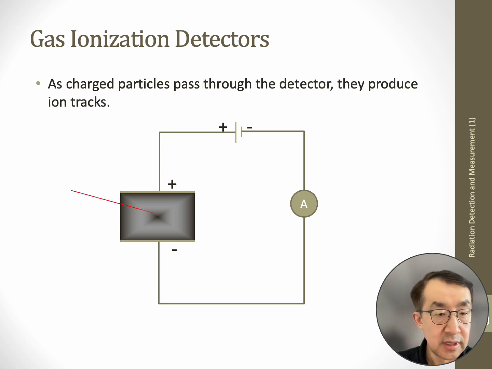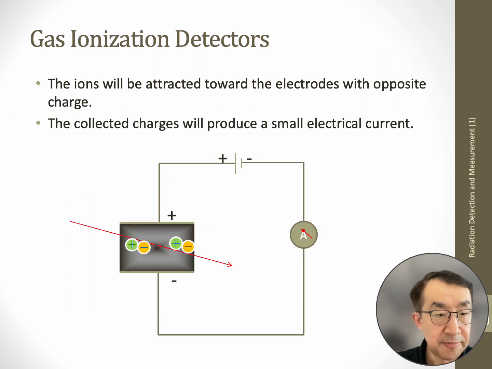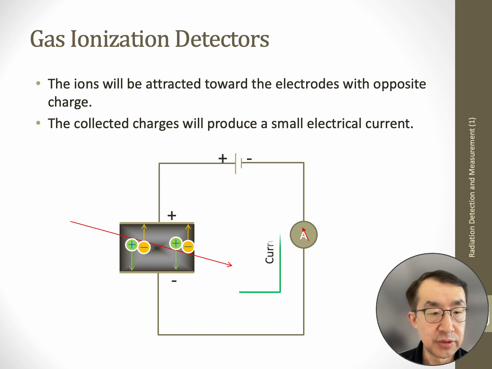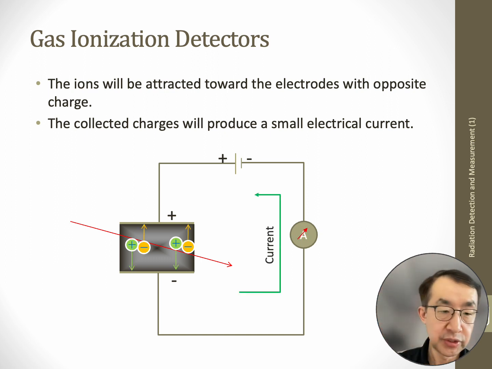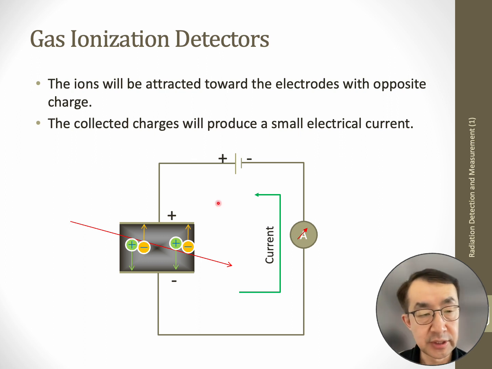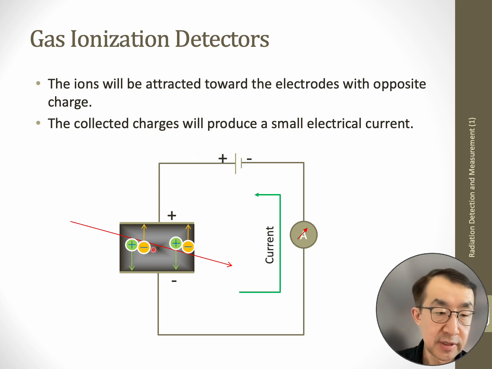So let's see. The radiation comes in, and then it ionizes this air. Then you create this charge pair, and the charge will be collected by the electrodes. Positively charged ions will be pulled into this negatively charged electrode, and vice versa, right? Negative ions will be pulled into this positively charged electrode, and then there'll be current.